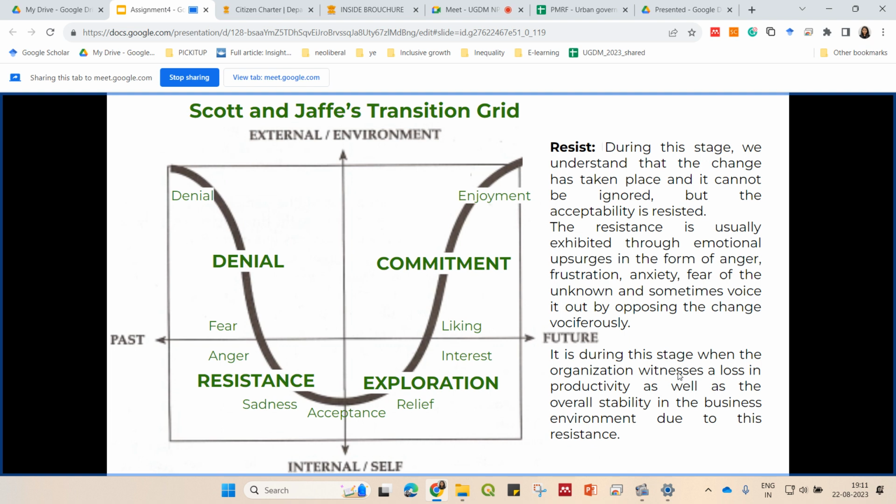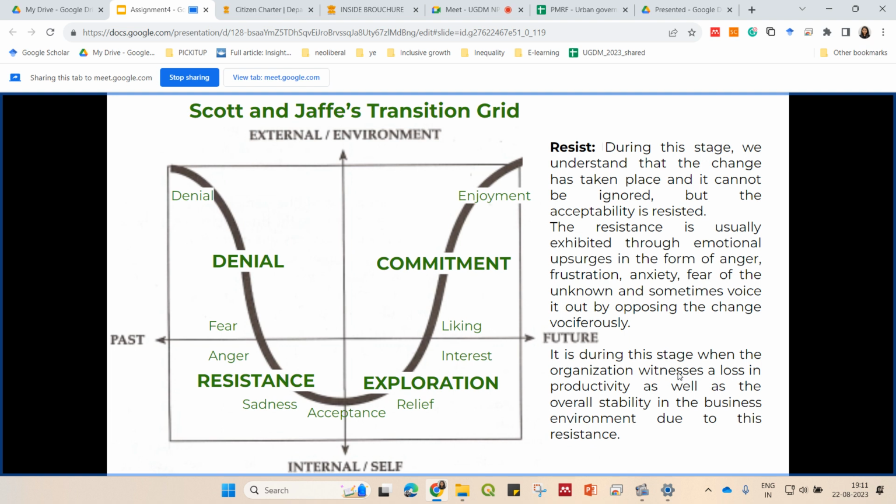So it starts with fear of the negative consequences of the change, and then that fear turns to anger. It turns to anger towards the organization, or towards the management, or towards the people in charge of taking care of the needs of the members of the organization.